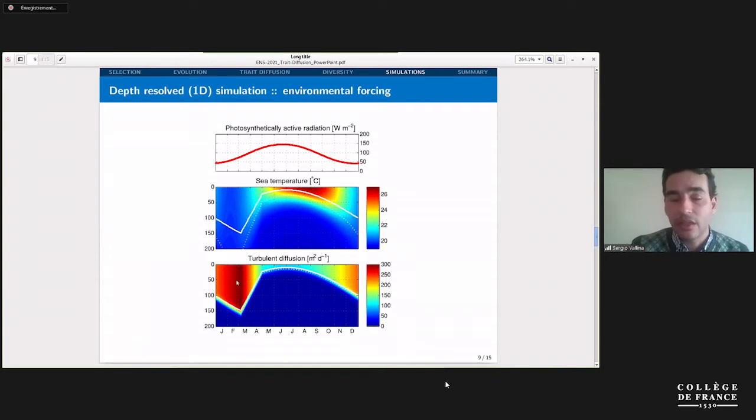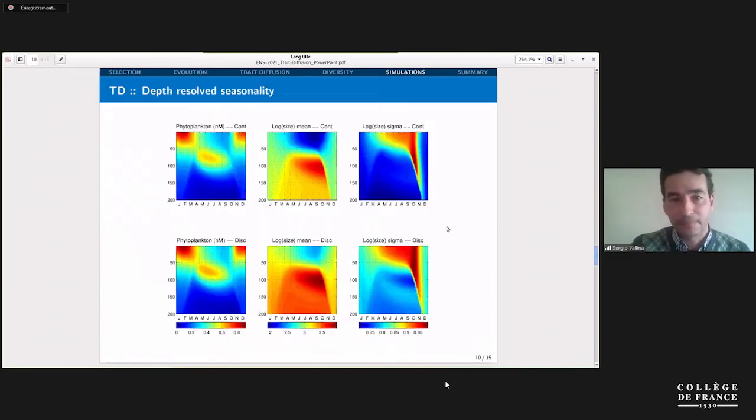This is water mixing in the water column. The white line is the mixing layer depth in this particular idealized case. This is a very idealized scenario, probably similar to conditions of mid-latitudes like the Sargasso Sea.